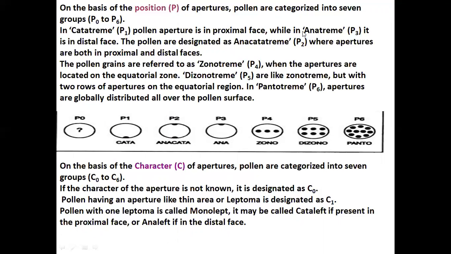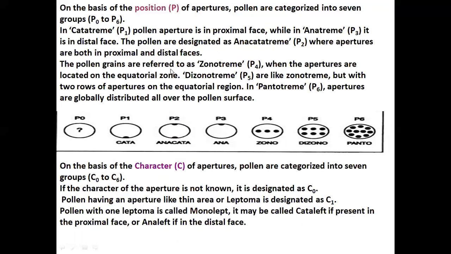While in anatreme, that is P3, the aperture is located in the distal pole, distal face. The pollen grain designated as anacatatreme, that is P2, has apertures in both proximal and distal. Here see both proximal and distal, that is called anacatatreme.